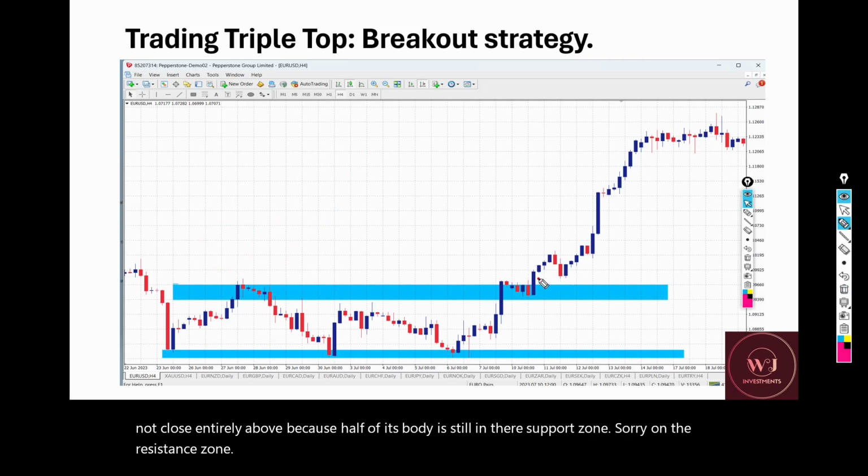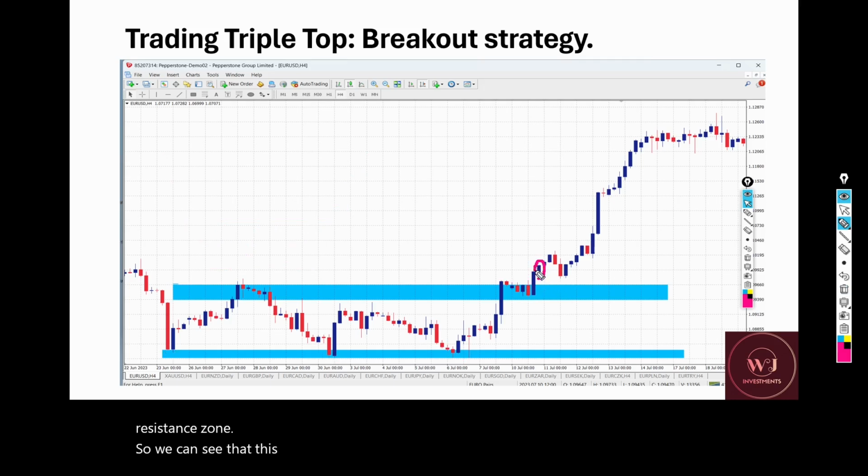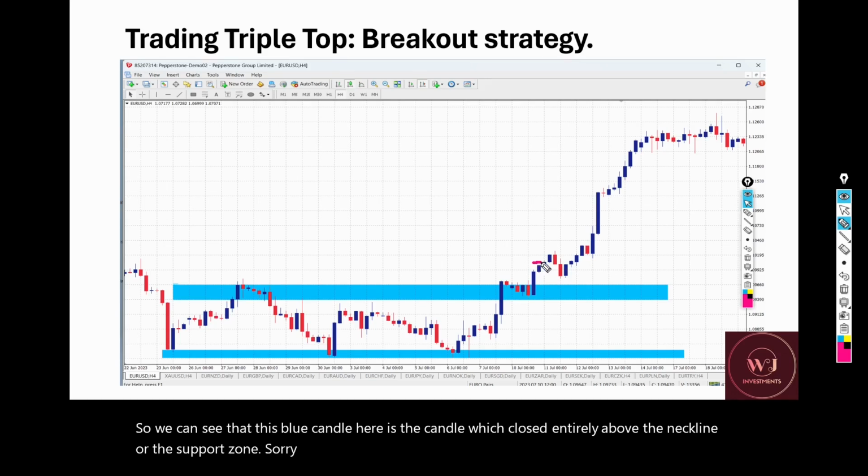So we can see that this blue candle here is the candle which closed entirely above the neckline, or the resistance zone. So we could put our order from here and put our stop loss, and we wait for the market to give us a wave up.